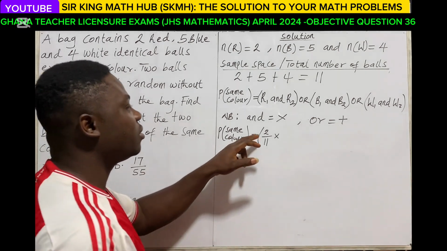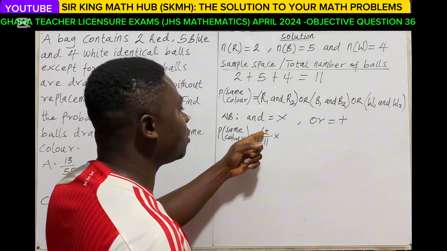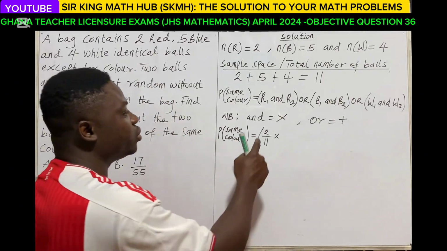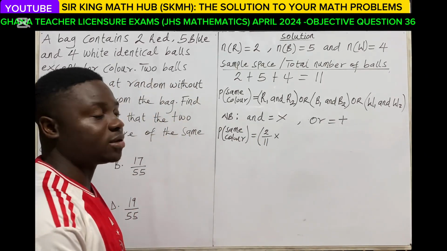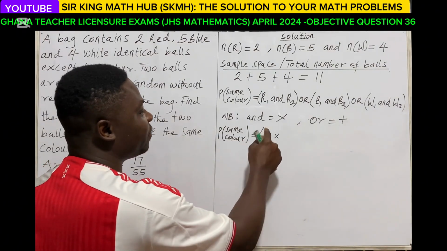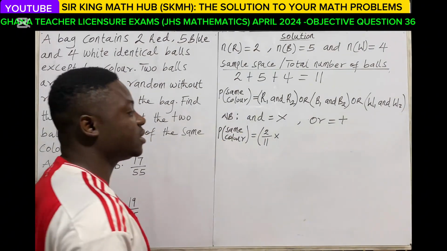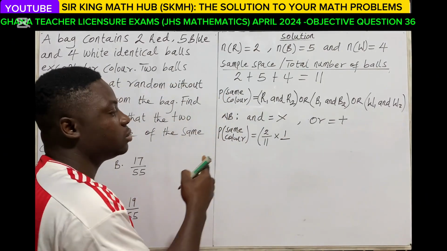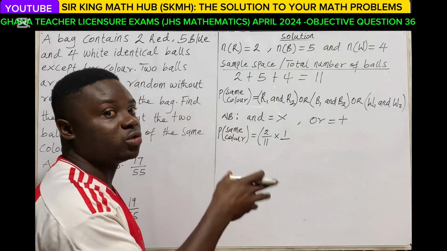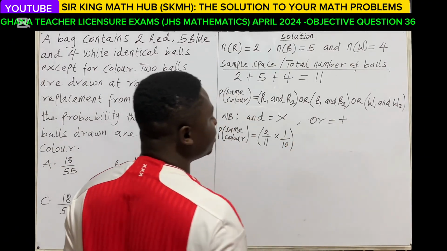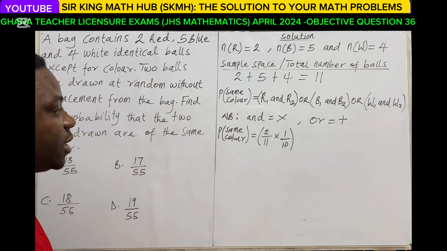So the first ball, the red ball, has been selected. Initially there were 2 red balls, now we have taken 1, so we'll be left with 1. And the total number of balls will also decrease by 1, so we have 10 of the remaining balls altogether.